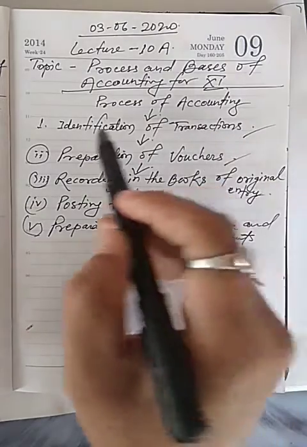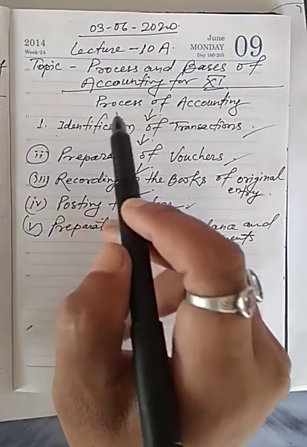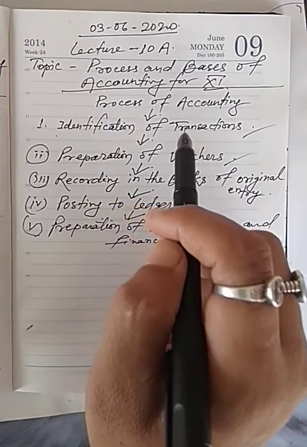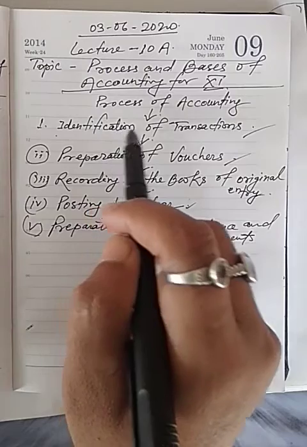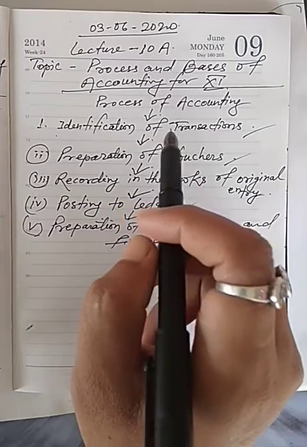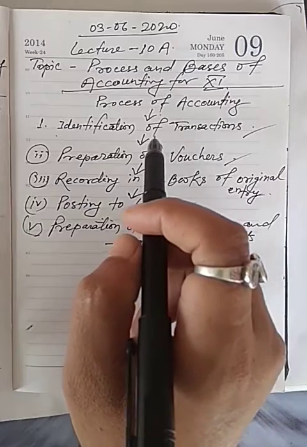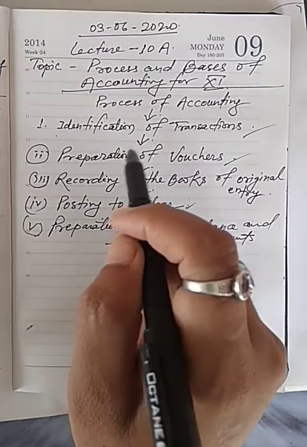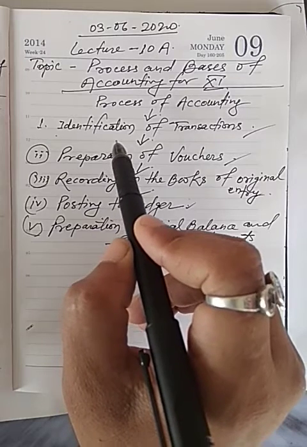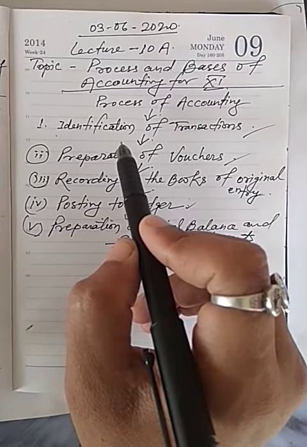Accounting deals with business transactions which are monetary in nature. In other words, the transactions which cannot be measured and expressed in terms of money cannot be recorded in accounting.